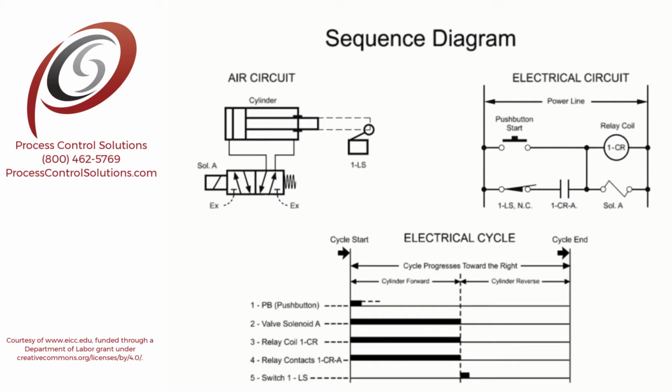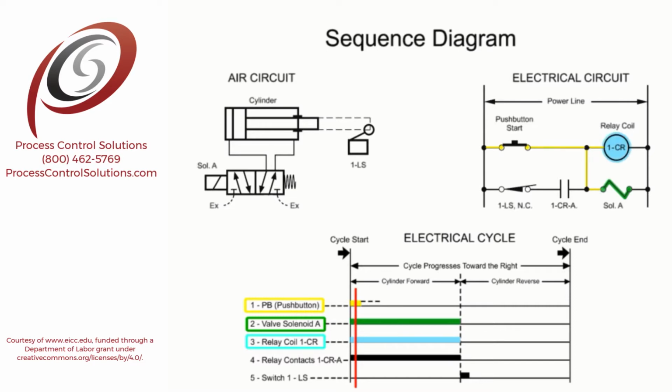To start this cycle, the operator presses the push button. Line 1 on the sequence diagram indicates that the push button may be held down for a variable length of time, as indicated by both solid and dotted lines. When the push button is depressed, the relay coil and the valve solenoid immediately become energized as shown on lines 2 and 3.